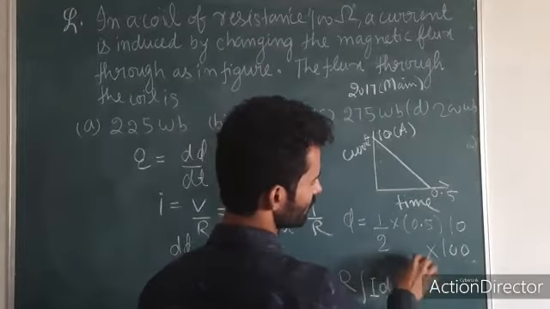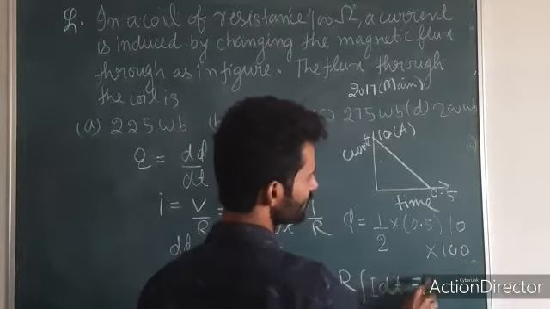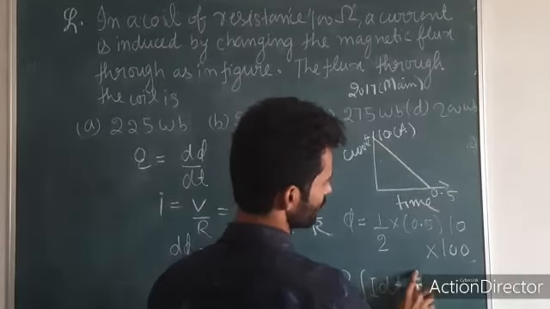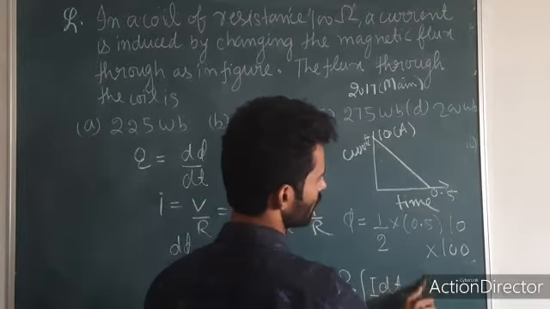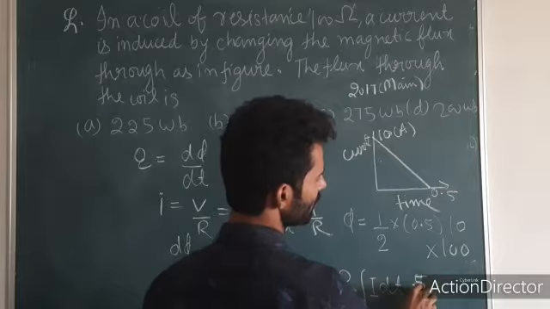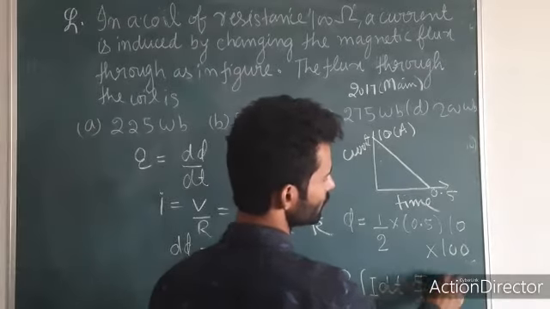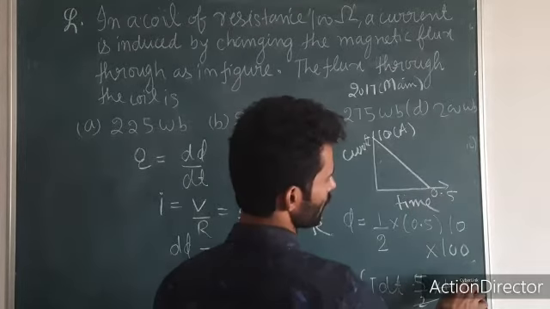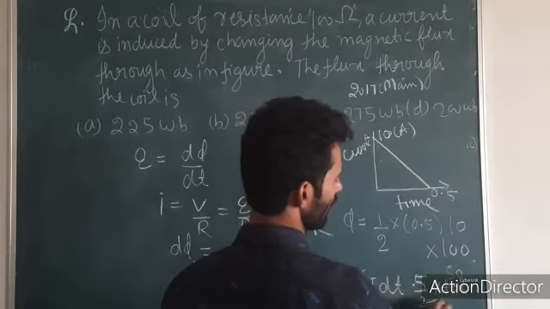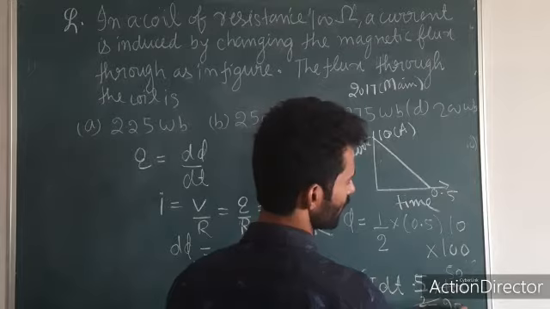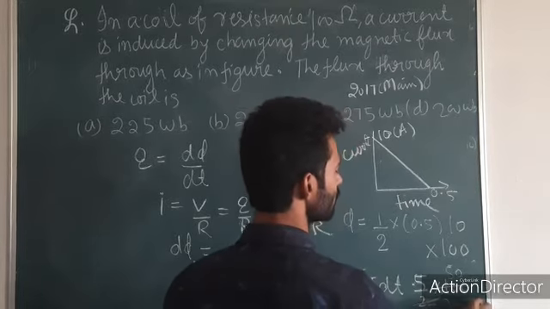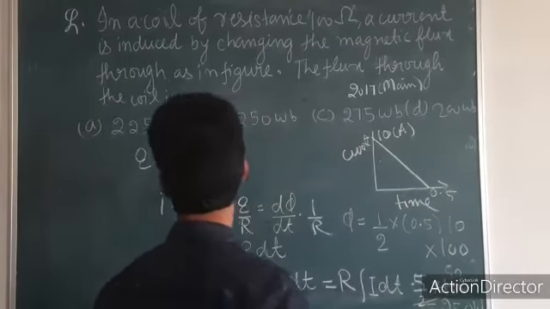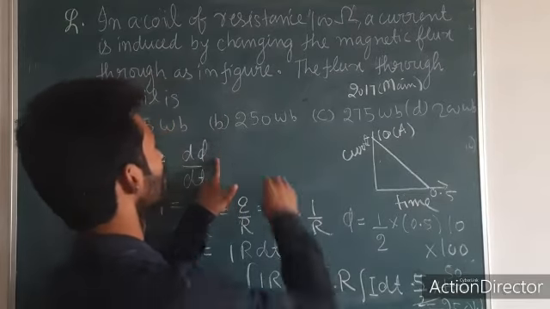Now solving this equation we get 5/2 into 100. So this will give 250 Weber. So the option B is correct.